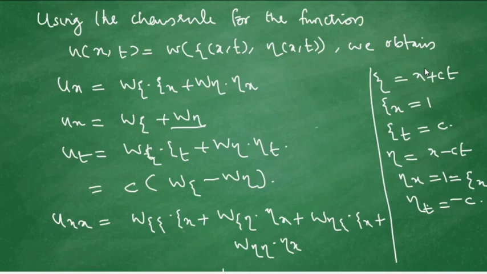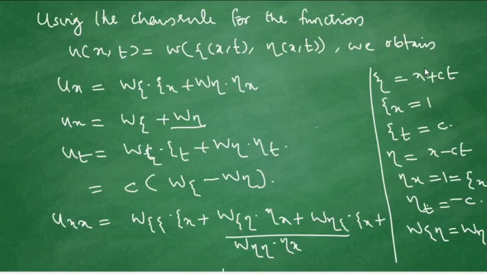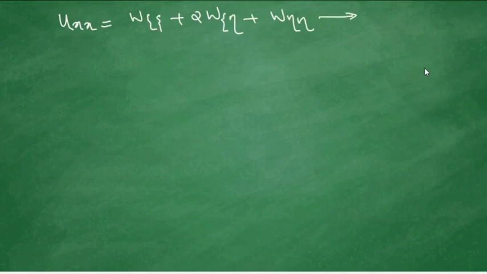Now consider the second and third terms, w theta eta and w eta theta, both are the same, so we can add them to get 2 times. We know theta x and eta x are both equal to 1. So uxx will be equal to w theta theta plus 2w theta eta plus w eta eta, and let this be equation number 2.